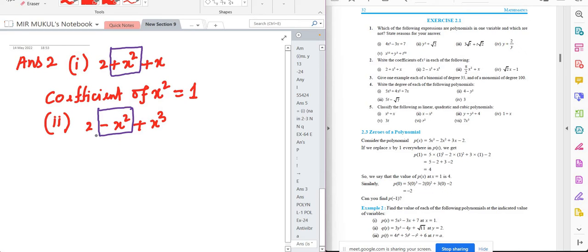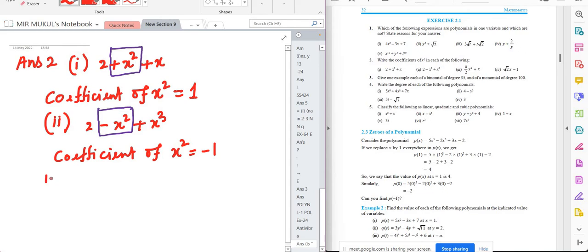Only 1 or minus 1? Minus 1. Because the sign also you have to consider, right?